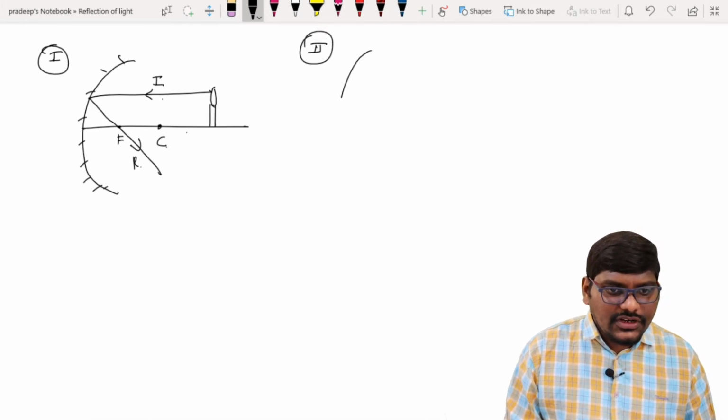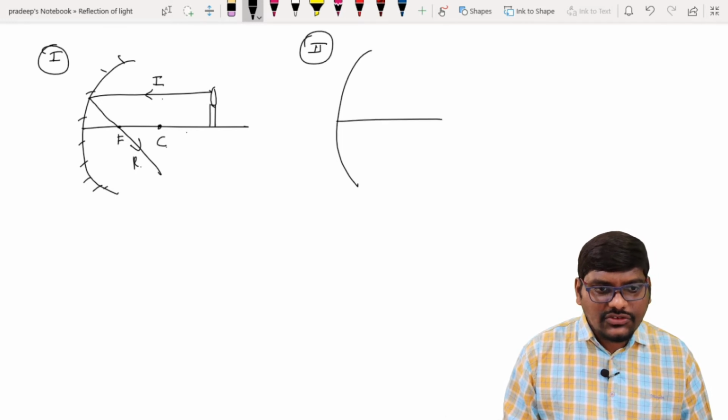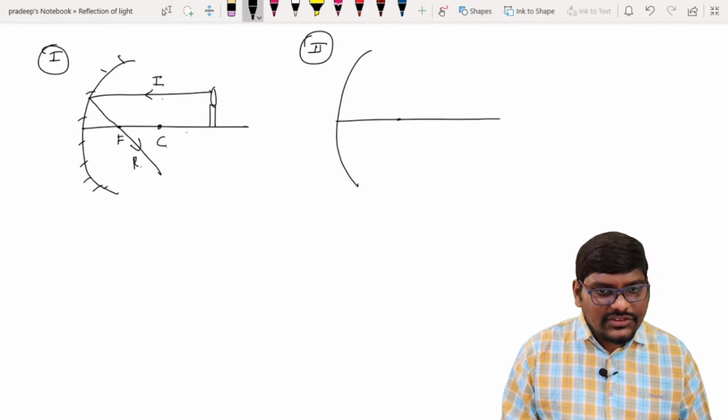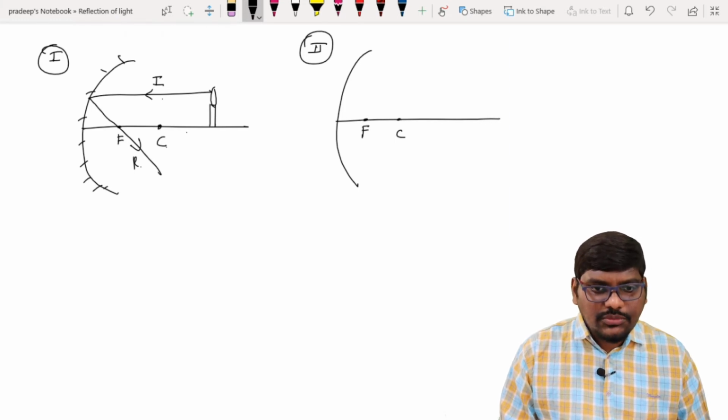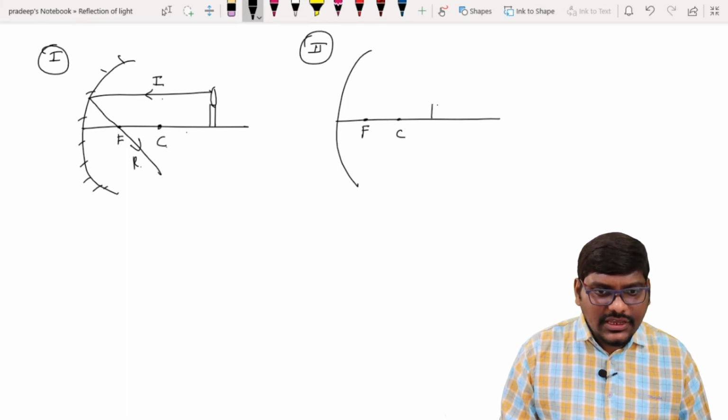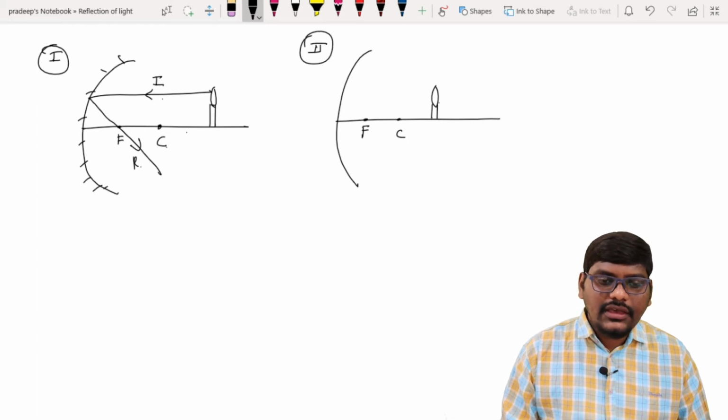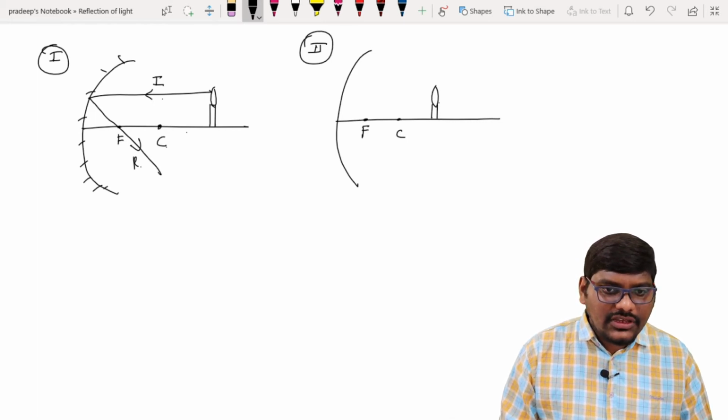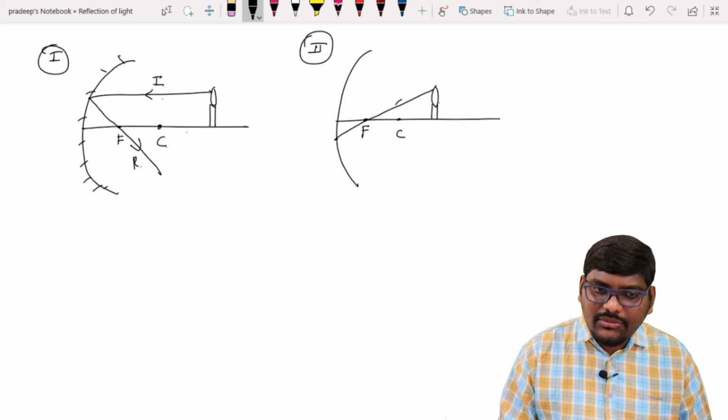So let's see the second rule. The second rule is very simple and very similar also to understand. Again, this is also having the center and this is also having focus. Suppose let's take a candle over here. Okay, and the ray, one beam of light ray is passing through the focus and it is touching. So definitely the ray is coming from the light source.